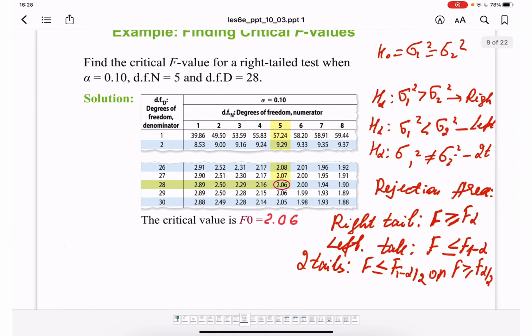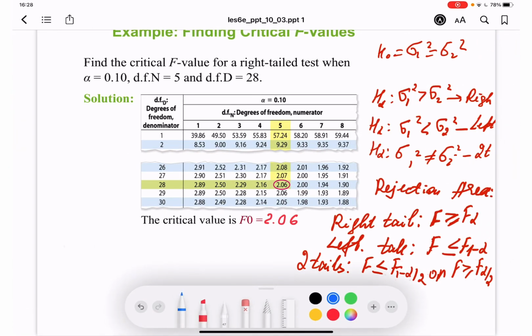Okay, so here is the table for finding the critical F value. That's a critical F value for a right tail test. Here alpha equals 0.1, 10%, and the degree of freedom for the numerator is 5, meaning for the first sample. And for the second sample, it's going to be 28.